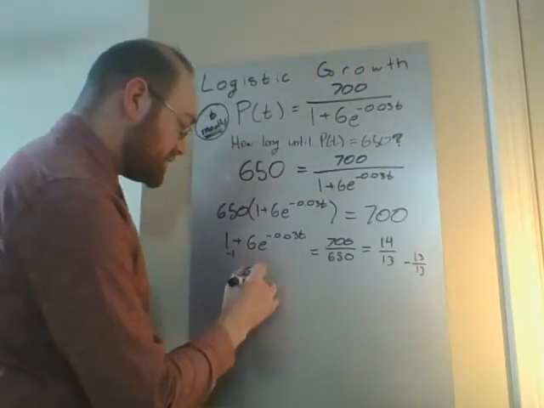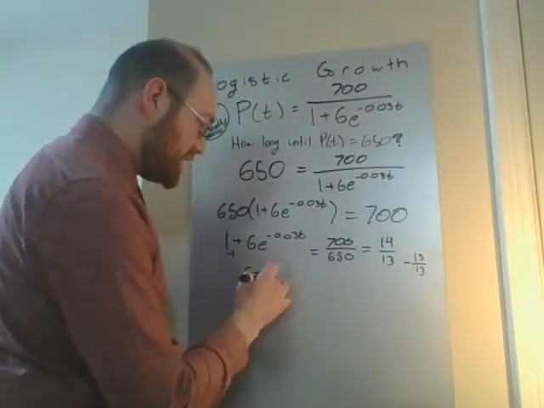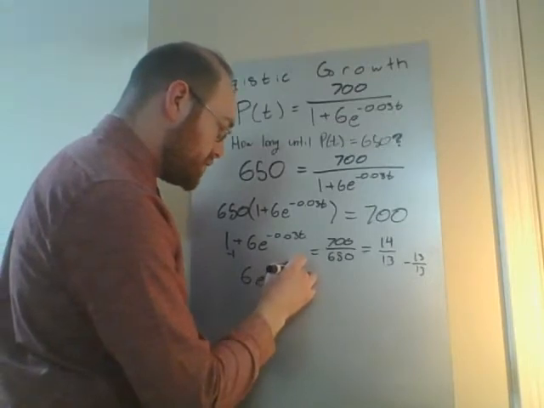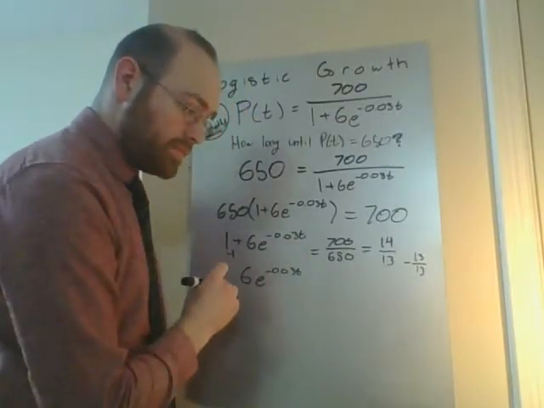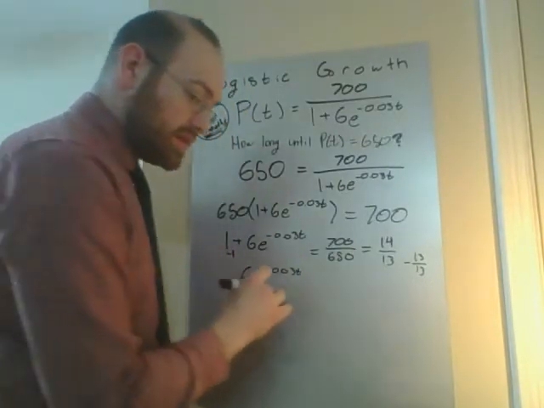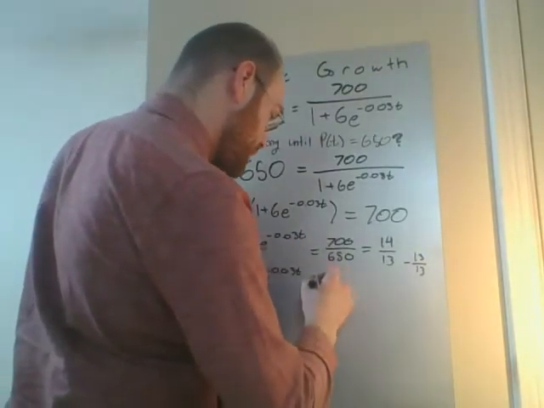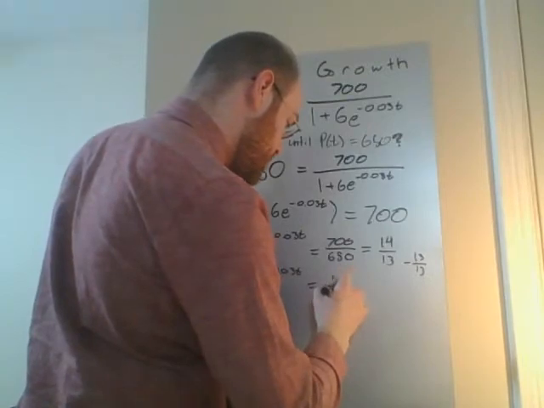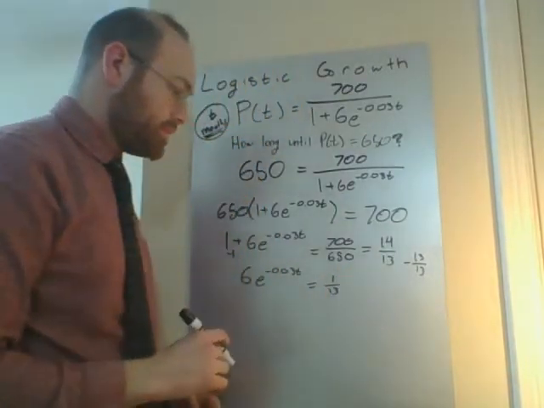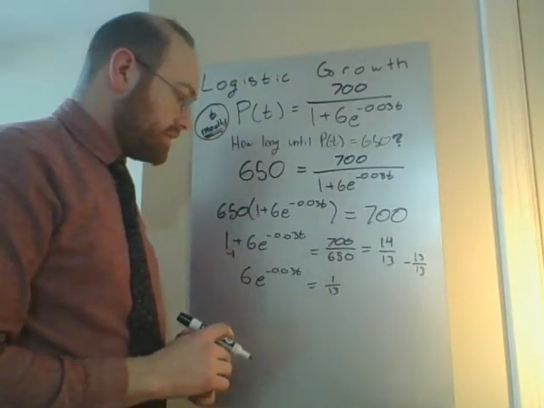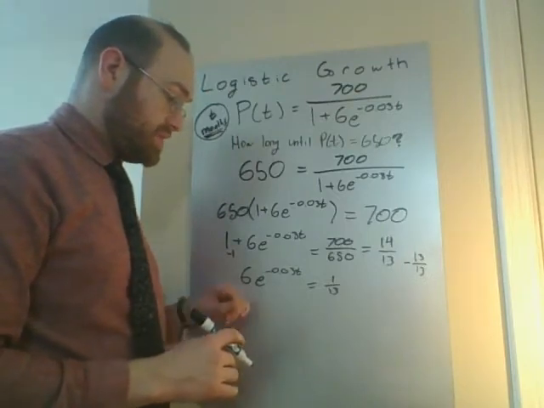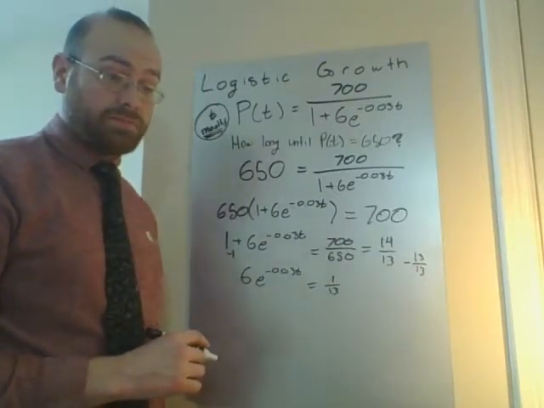So I have 6 e to the negative 0.03t. And then we get to 1/13. And now we need to divide both sides by 6.